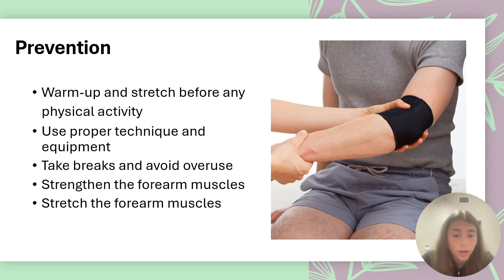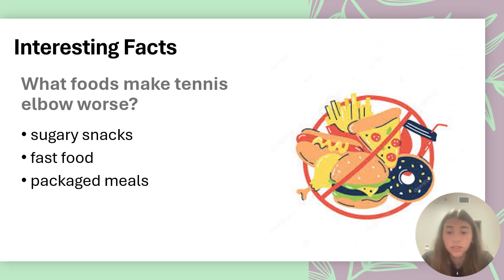Now I have here some interesting facts that I would like to share. While doing research, I found out that some foods can worsen the condition of a tennis elbow. Such foods are sugary snacks, fast food, and packaged, processed foods.